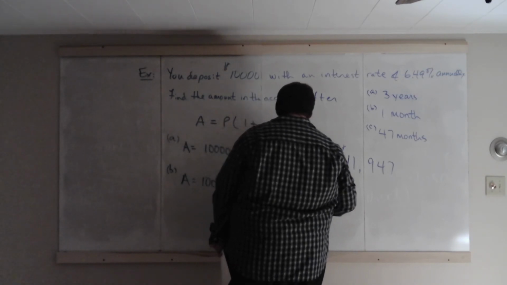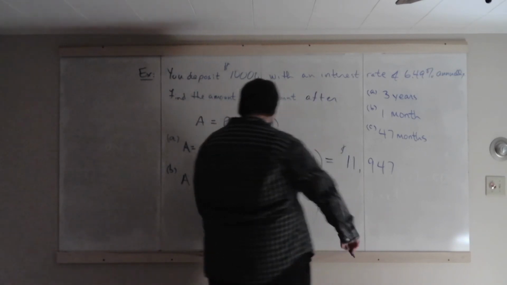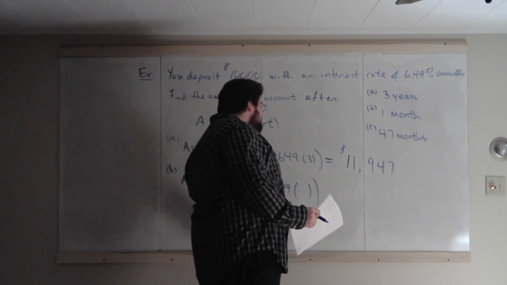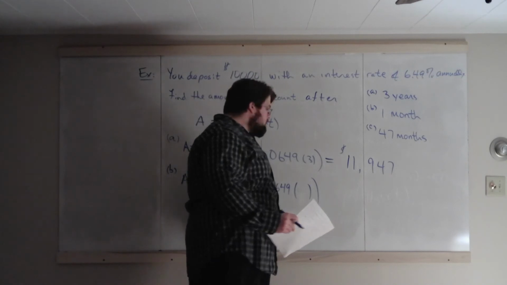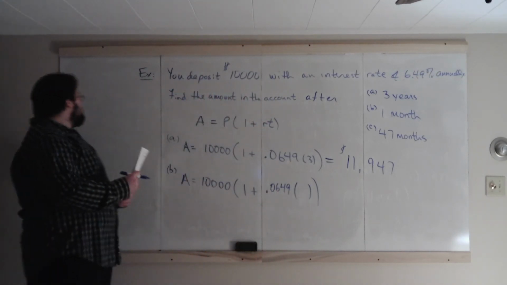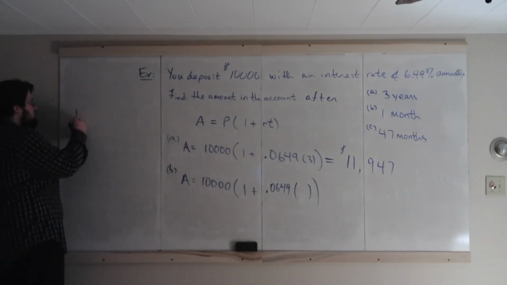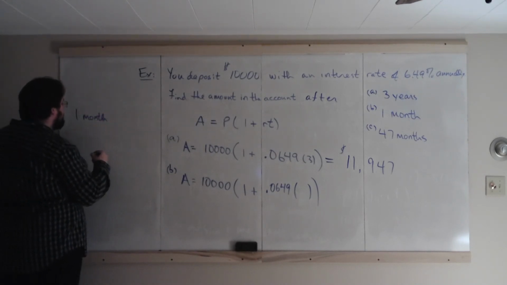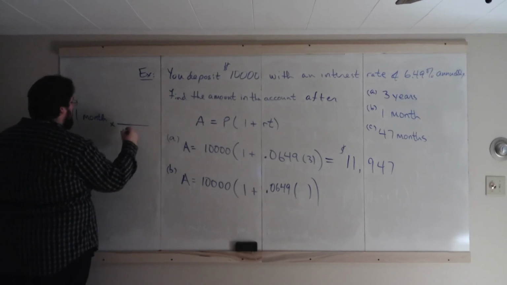So 0.0649, and then in part B, we need it to be 1 month. Well, what is 1 month in years? Well, we know unit conversions. We saw them a couple weeks ago. Unit conversions. 1 month times what? The conversion for years and months.